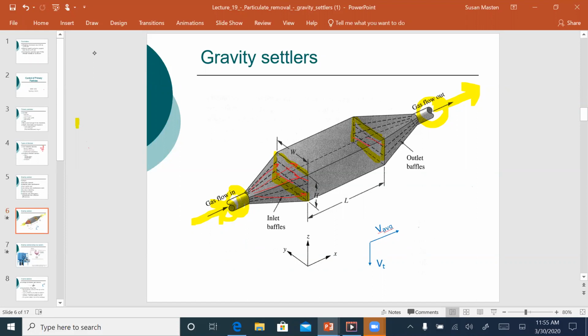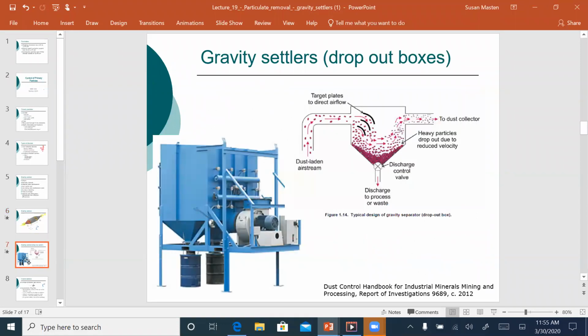We'll talk about two different velocities. We'll talk about a horizontal velocity, which is along the length. And then we'll also talk about a settling velocity of the particle, which is in a vertical direction. So here what you see is a simple drop box. You can see here is our dust-laden airstream. So we've got air flowing in. Again, you've got a much larger area, so your velocity is significantly decreased.